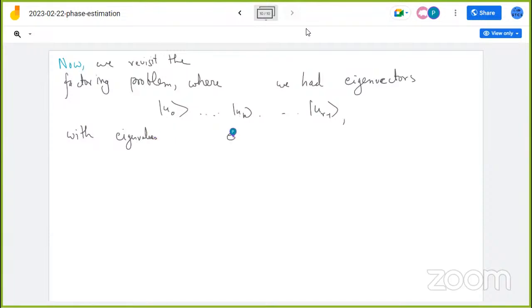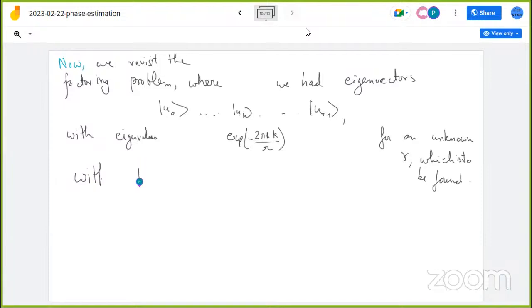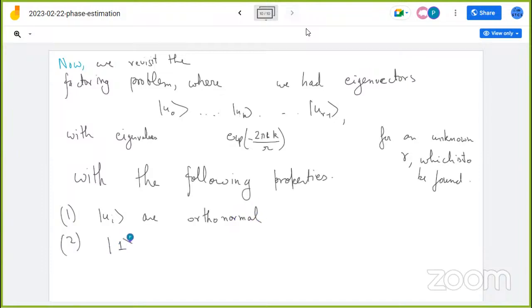It's like this one. It's I. For unknown r, it is interesting, with the following properties. Orthonormal. And get one is equal to 1.